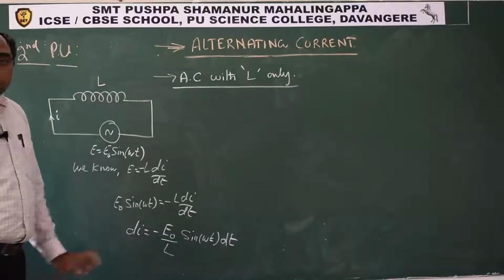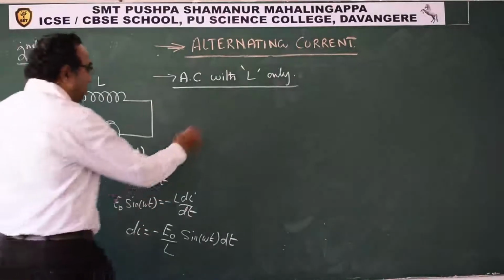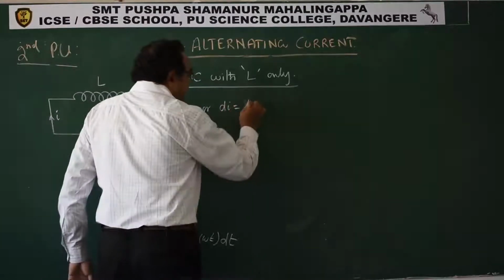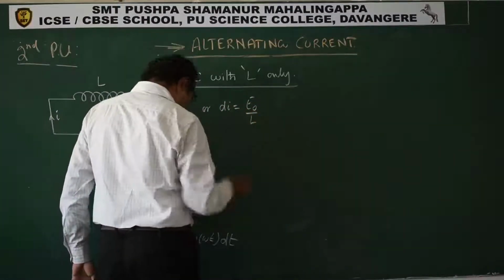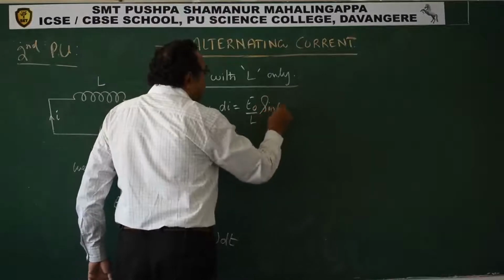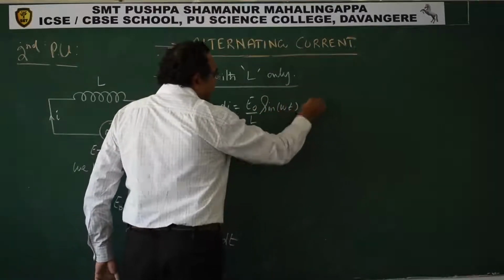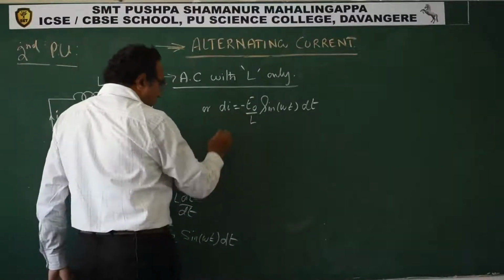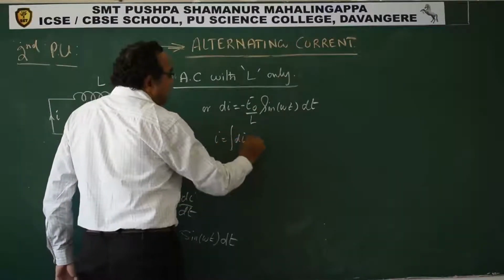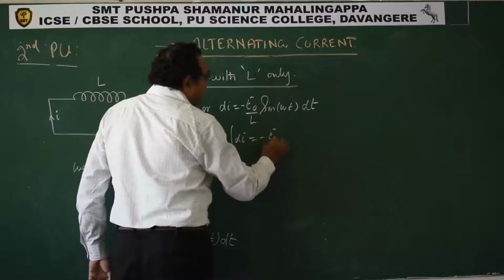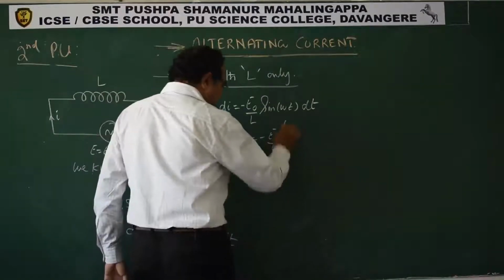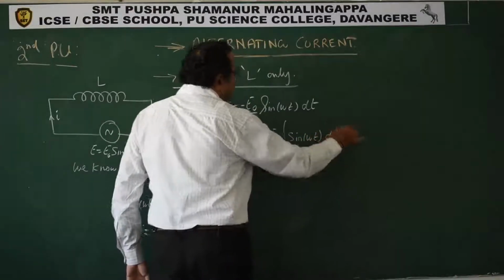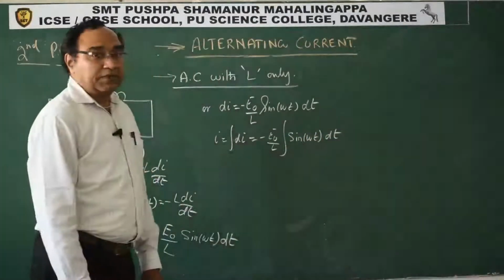If you take the magnitude, as I told, we can write di is equal to E naught by L sine of omega t dt. How will you find I? I is the integration of di. So that is minus of E naught by L integration of sine of omega t dt. This is what we can say.